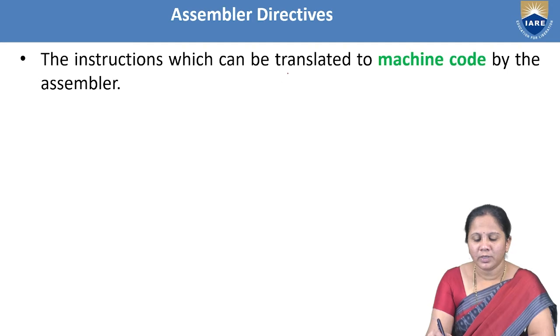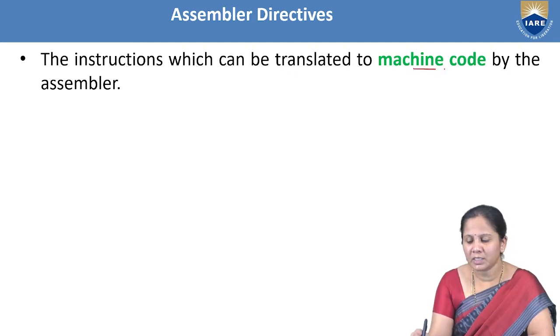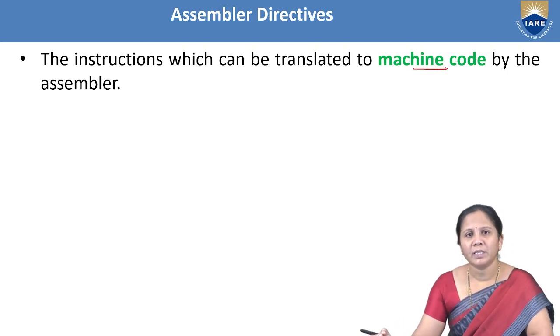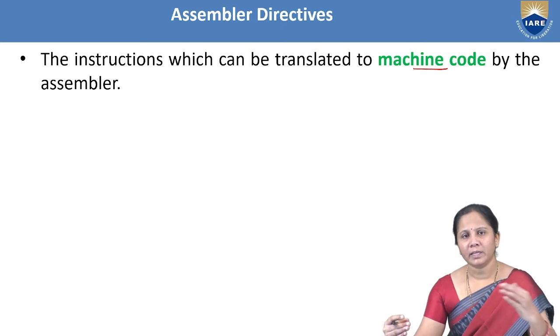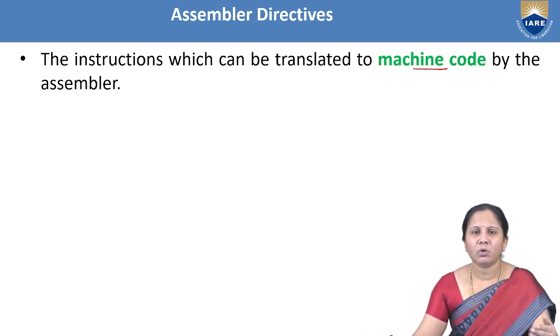The instructions can be classified into two types. Some instructions can be converted into machine code by the assembler and come under one category, and some instructions which are not converted into machine code come under the other category.